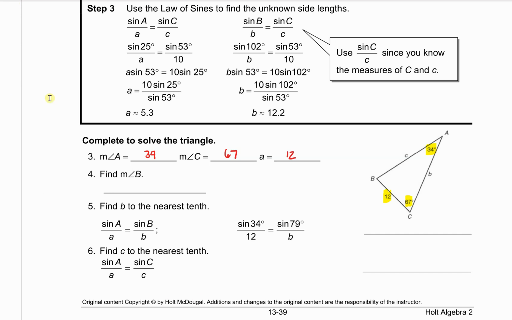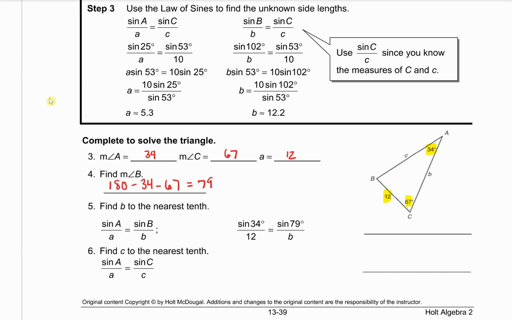What we have to do is find the measure of angle B first. So I'm going to do 180 minus 34 minus 67, which is 79 degrees for angle B.